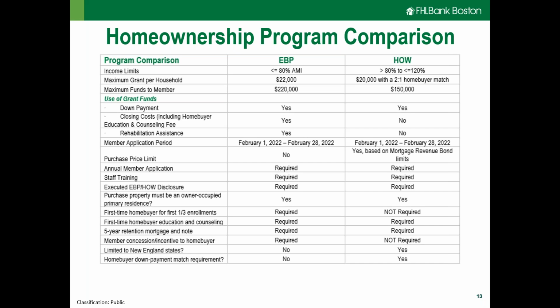Thank you very much for that very complicated scenario, but yes, that is the 2-to-1 match. So they have to put down that $6,000 and some change, if you will, prior to closing to get that 2-to-1 match. And if you have questions about the match part, always reach out in advance.